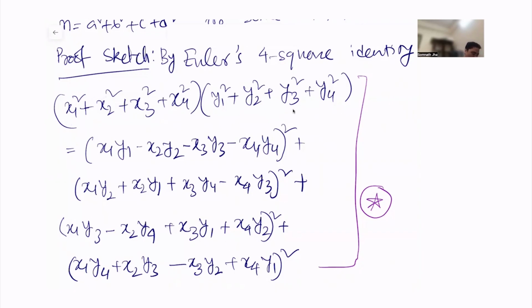So you have x1 square plus x2 square plus x3 square plus x4 square times y1 square plus y2 square plus y3 square plus y4 square is a sum of four squares.